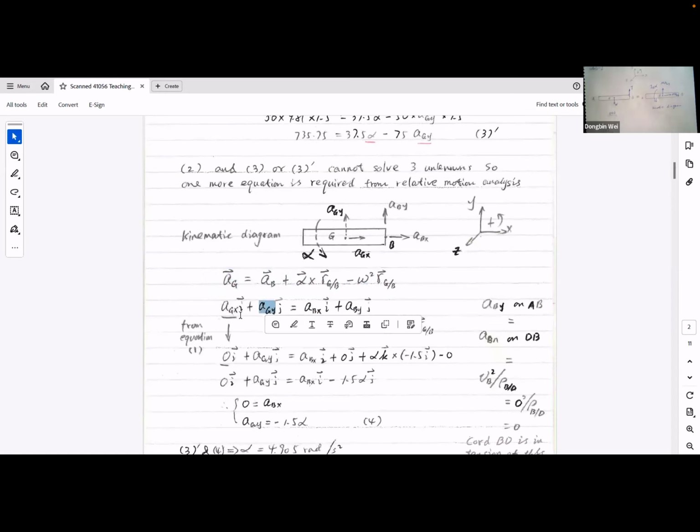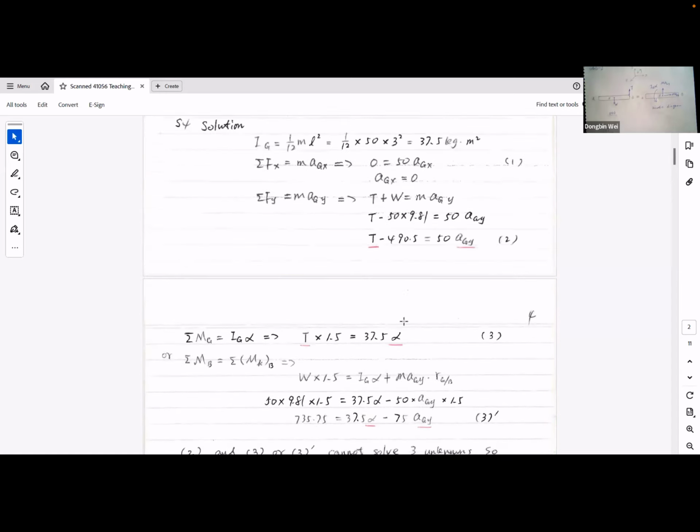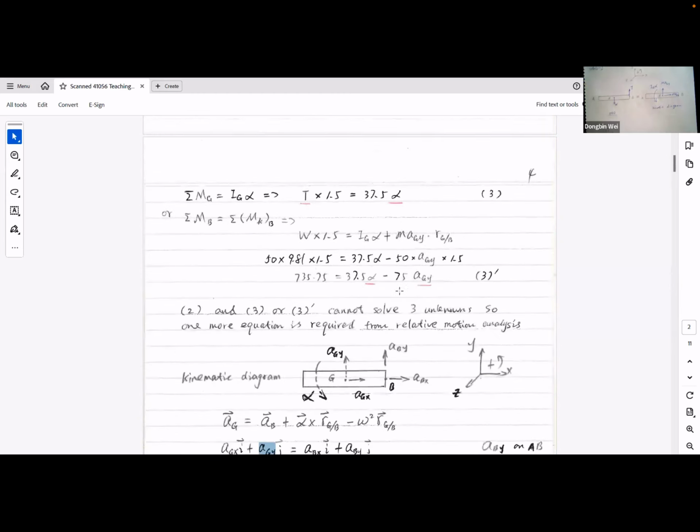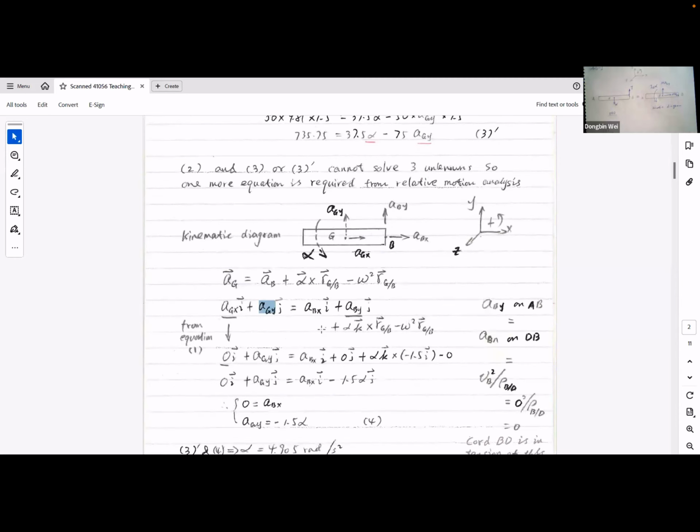But for AGX, from equation 1, we already know AGX is 0. Okay. Now, look at the right side. On the right side, we don't know ABX. But how about ABY?